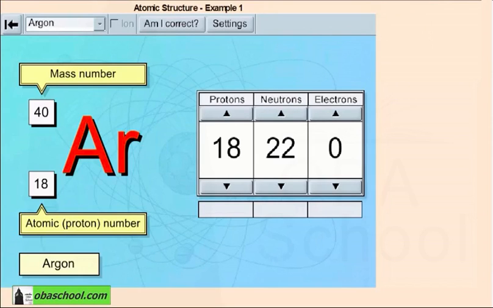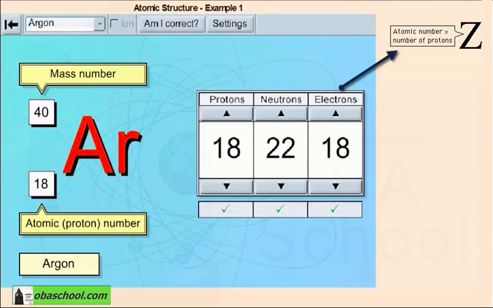Argon is a neutral atom, so the number of electrons will be equal to the number of protons. In other words, the number of electrons in a neutral atom is equal to the atomic number Z, which is 18. So these are the numbers of subatomic particles of argon.